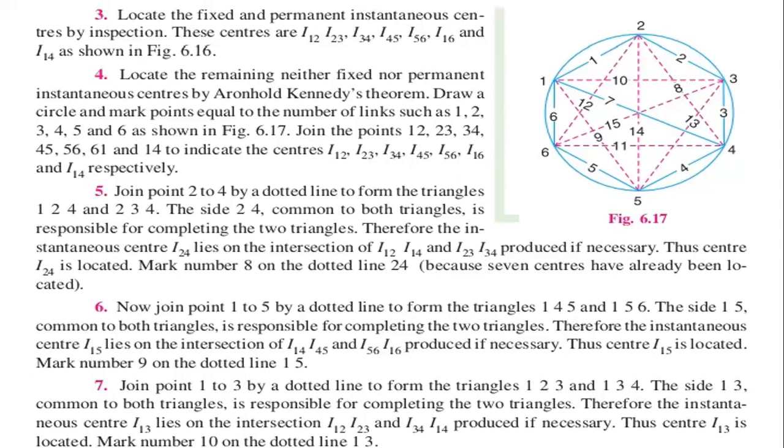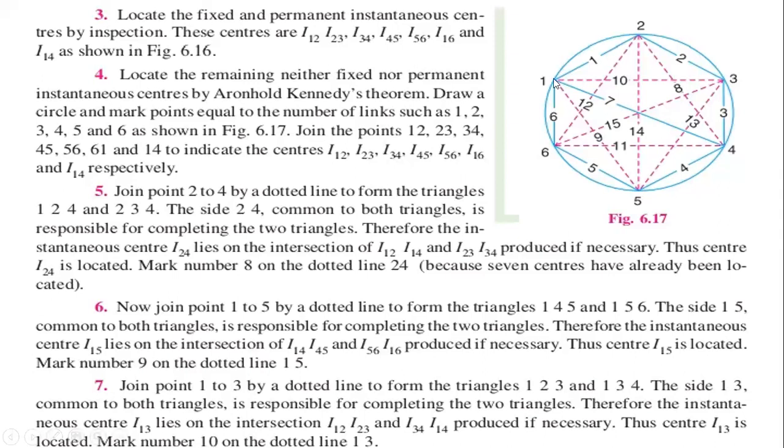So the side is responsible for completing the two triangles, and therefore the instantaneous center I15 lies on the intersection of I14, I45, I56 and I16 produced.